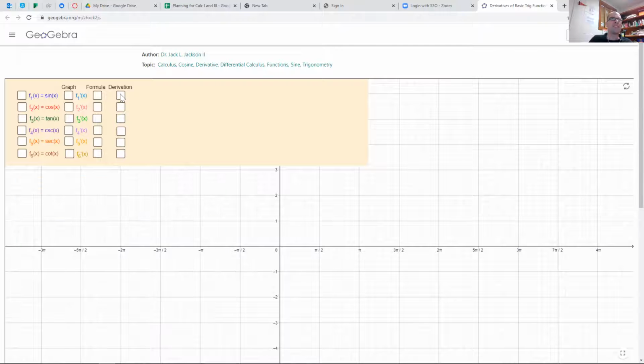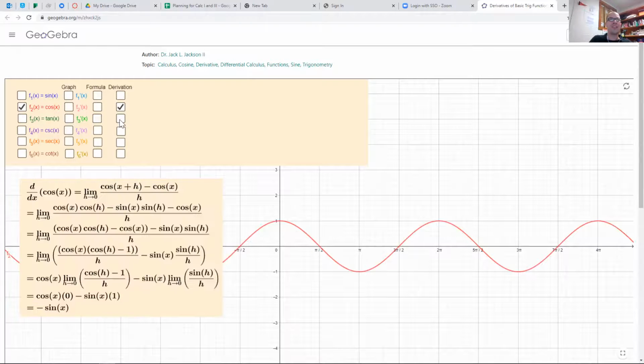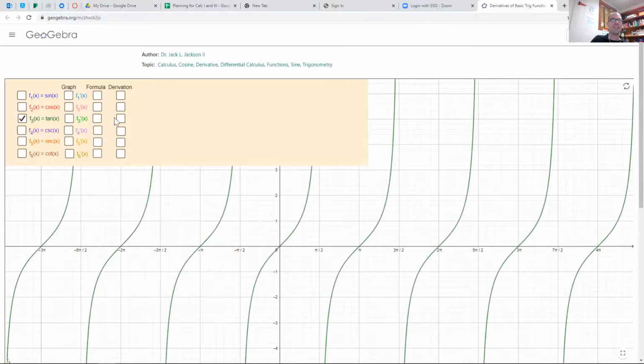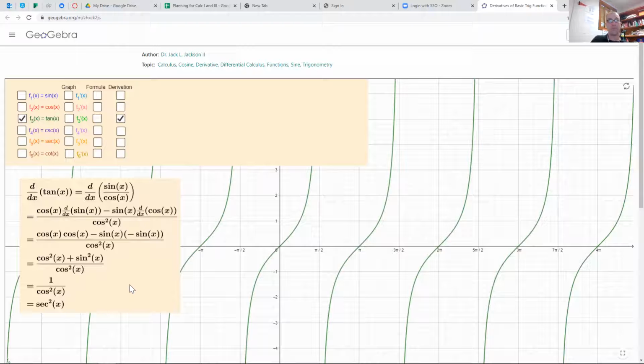And so very similar derivations for cosine. We got that angle sum thing going on again. We end up getting minus sine in the end. Tangent. Here we split it up into sine and cosine and use the quotient rule. Quotient rule is actually what's going on here.